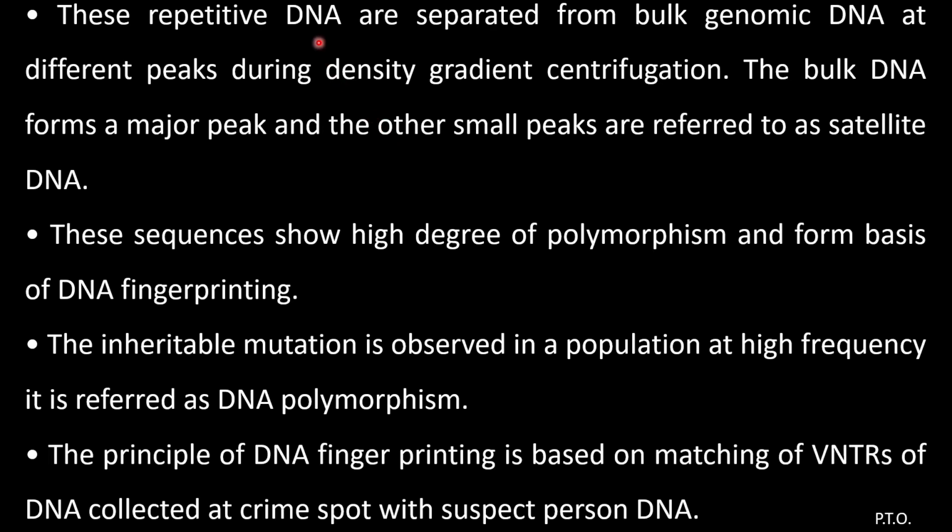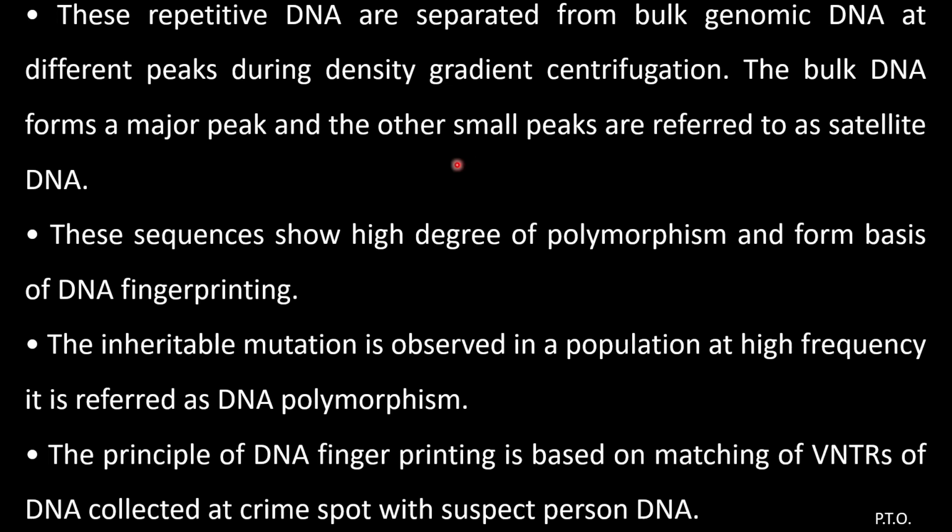So when the DNA are exposed to density gradient centrifugation, you will find two types of peak, the major peak and the small peak. The major peak is the 99.9% of the DNA, which is same in all people. And small peaks are the 0.1%, which differs.